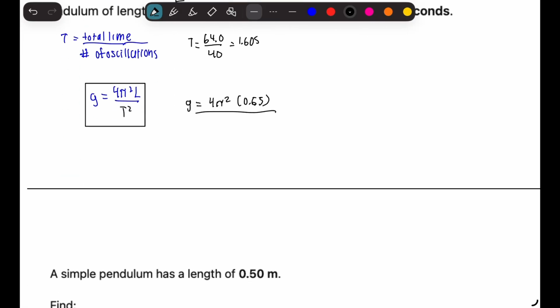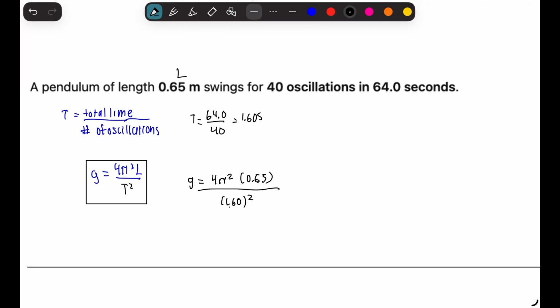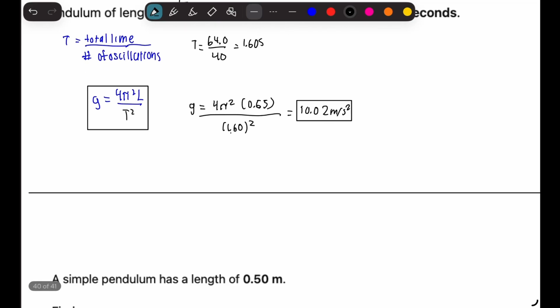So 4 pi squared, 0.65, and you're going to have to divide this by 1.60 squared, that we found up there for our T. And then you're going to get 10.02 meters per second squared. Close to 9.8 or 10.